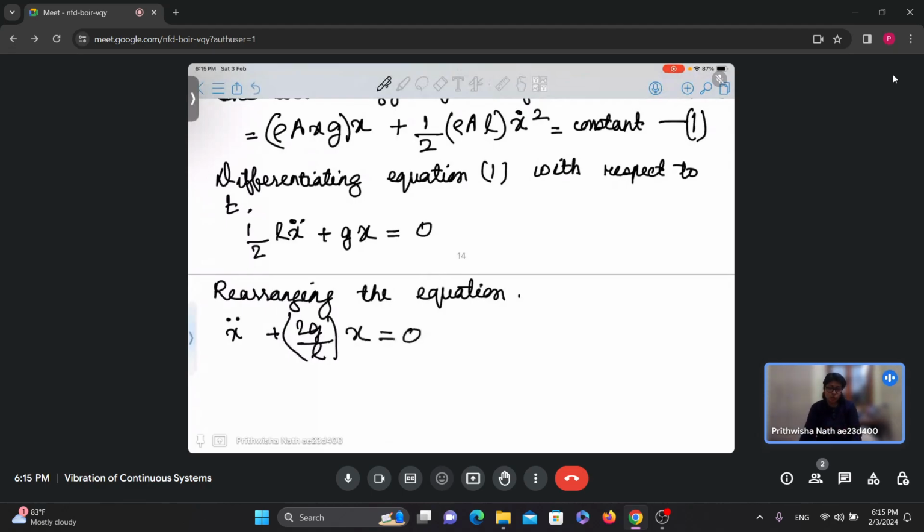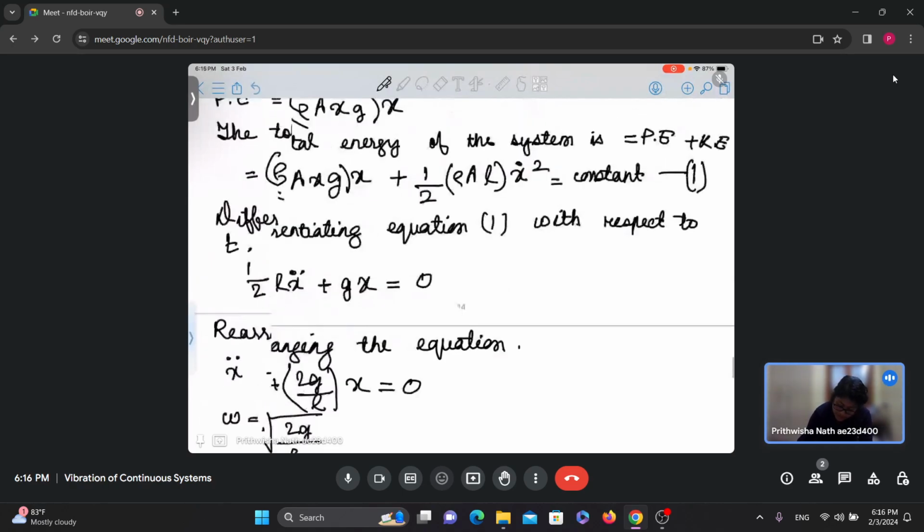Now, what is my omega? Omega is the square root of this term 2g by L. So we can write omega equals root of 2g by L, which is the natural frequency of the system. Similarly, how can we find the time period?